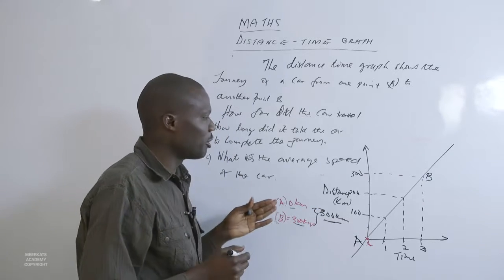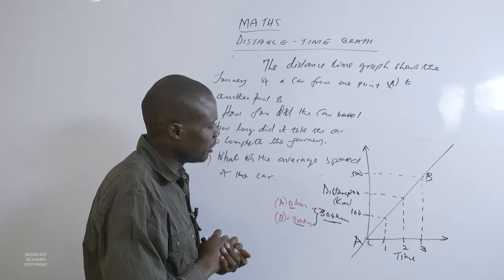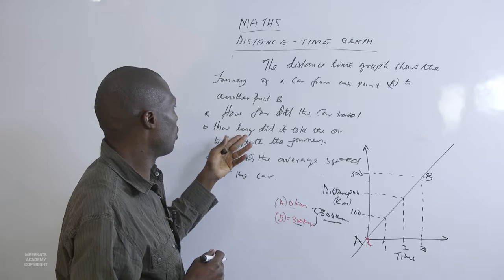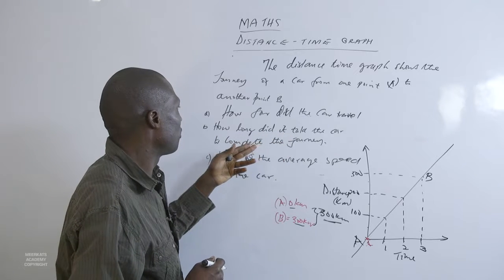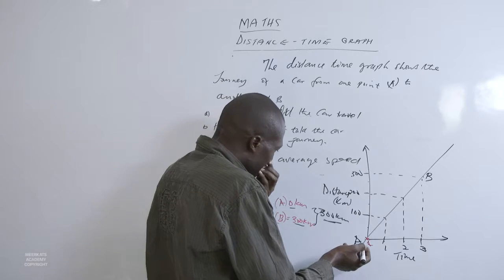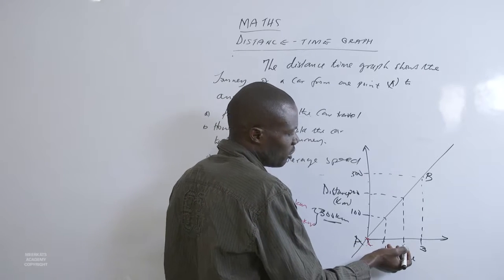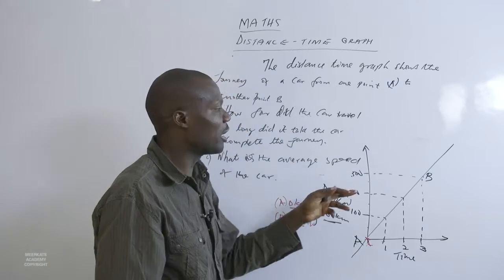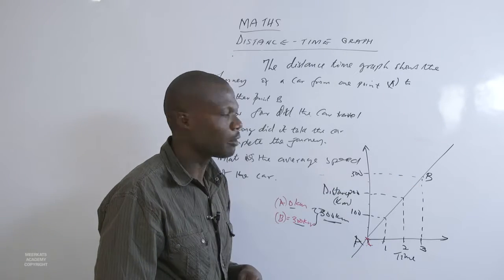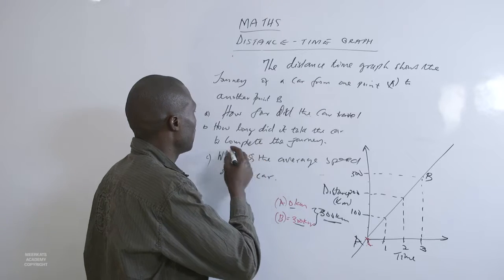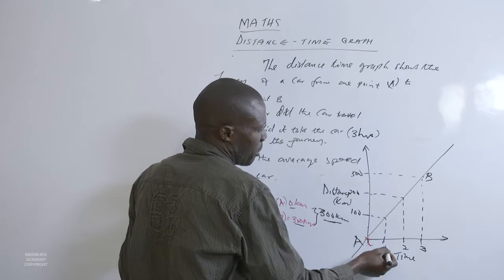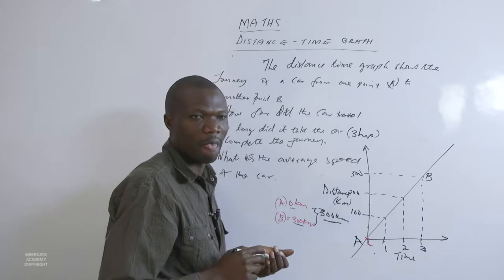And then you go ahead and look at the next question. How long did it take the car to complete the journey? To complete, we look at where we started from. It was 0, then 1 hour, 2 hours, 3 hours. So it takes 3 hours to reach point B. So the answer here is 3 hours, by counting what we have.